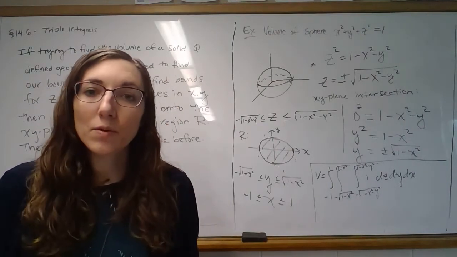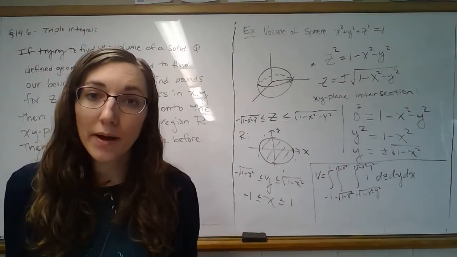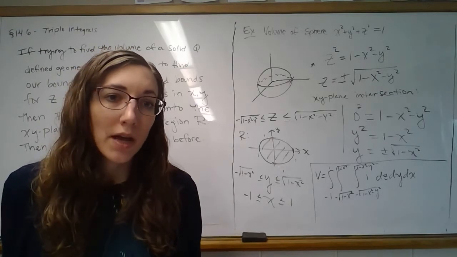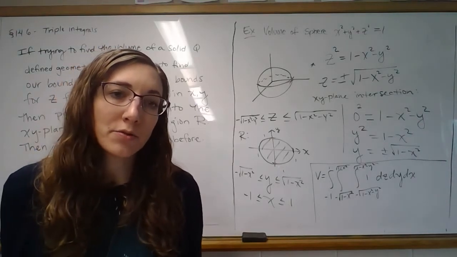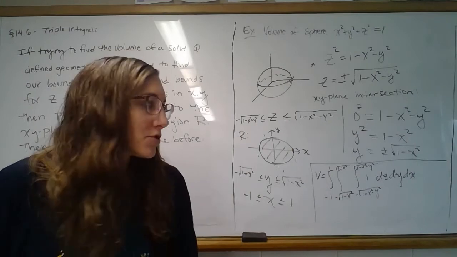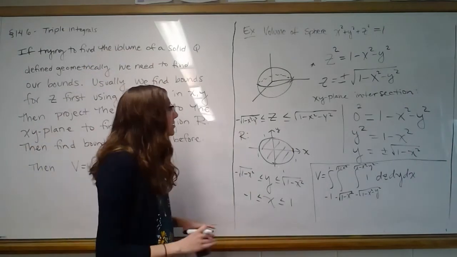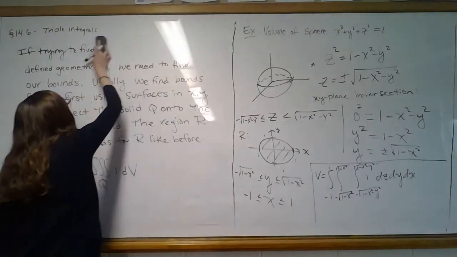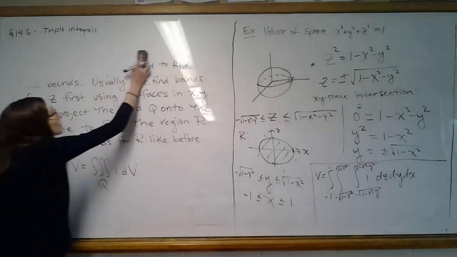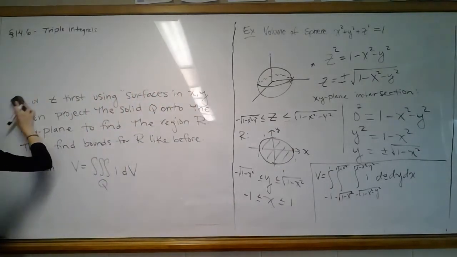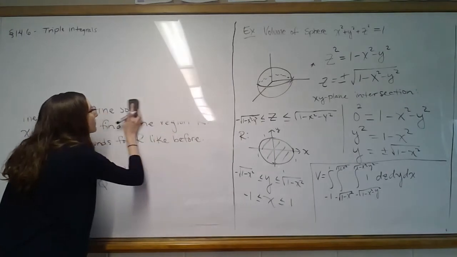So at this point we would take a look at evaluating that triple integral. So you all can practice doing that. An interesting thing that we would probably notice with this one, if we start to evaluate it, is that we're just going to integrate 1 with respect to z.